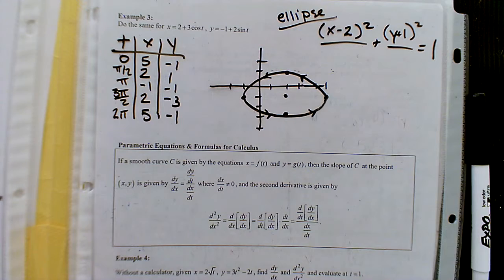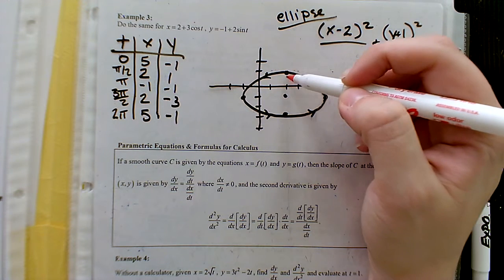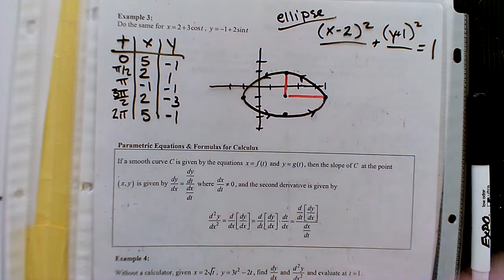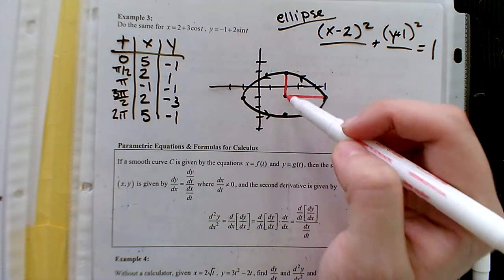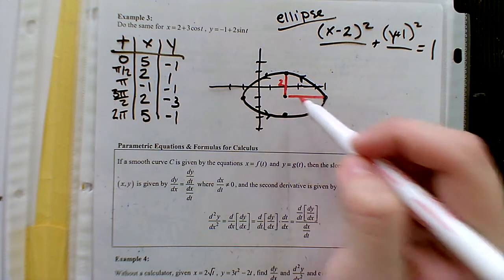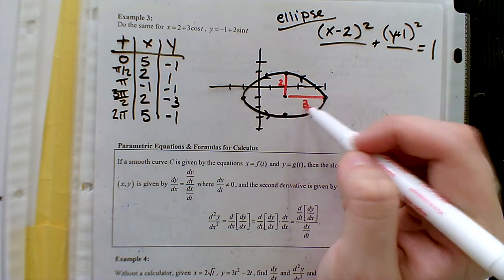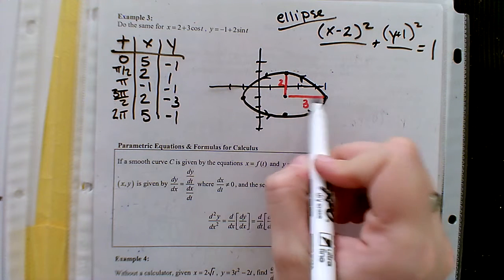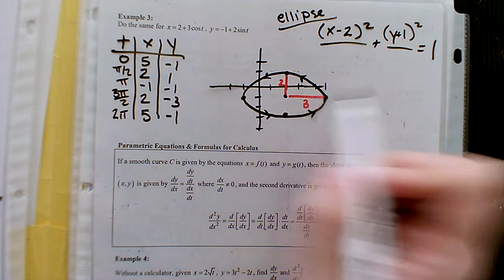So you have 2 different radii that you can measure. You can go from the center to the closest point, or from the center to the furthest point. So this distance is 2 units. This distance is 3 units. Notice how the horizontal radius is 3.